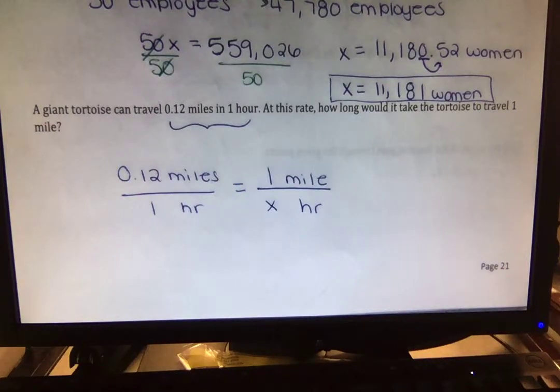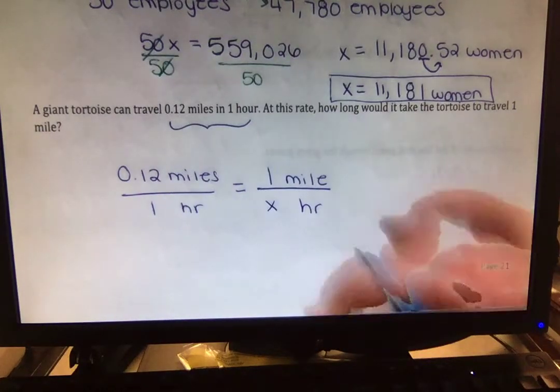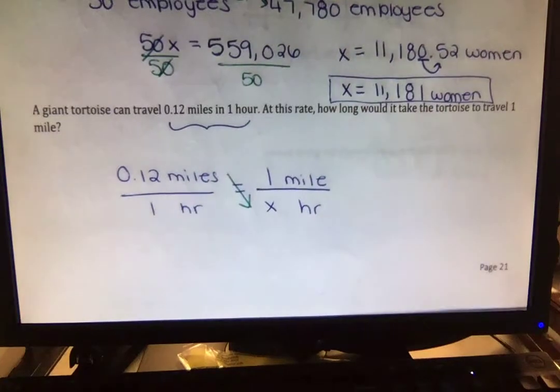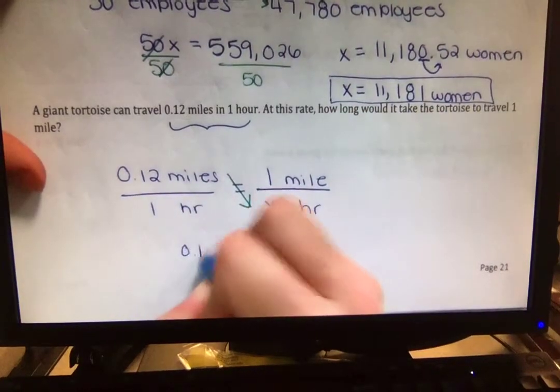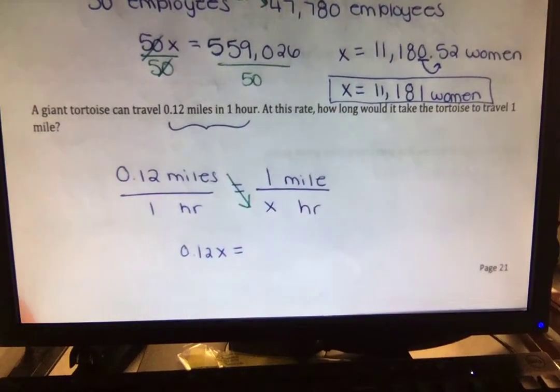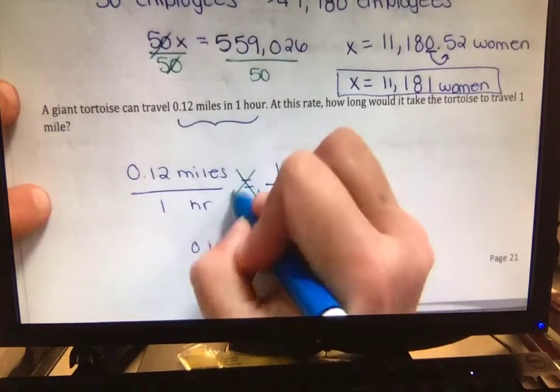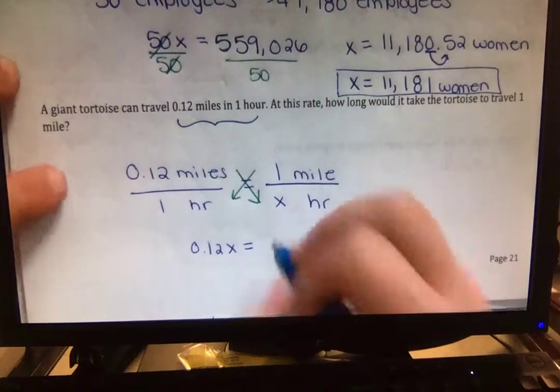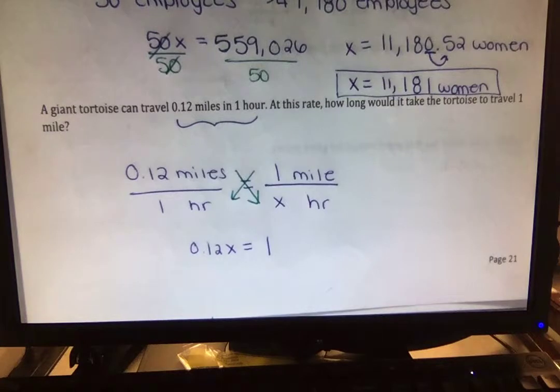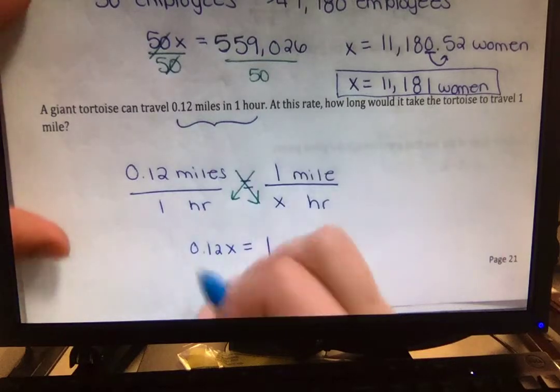Now that we have it set up, we can cross multiply. 0.12 times X, 0.12X equals 1 times 1, which is 1. Solving for X, what would we do? Divide by 0.12.